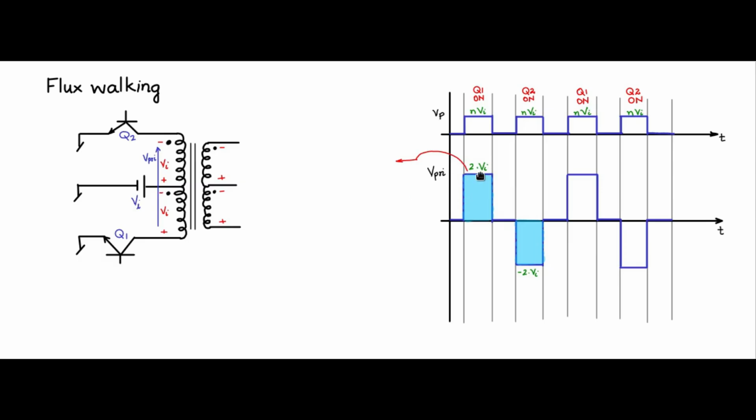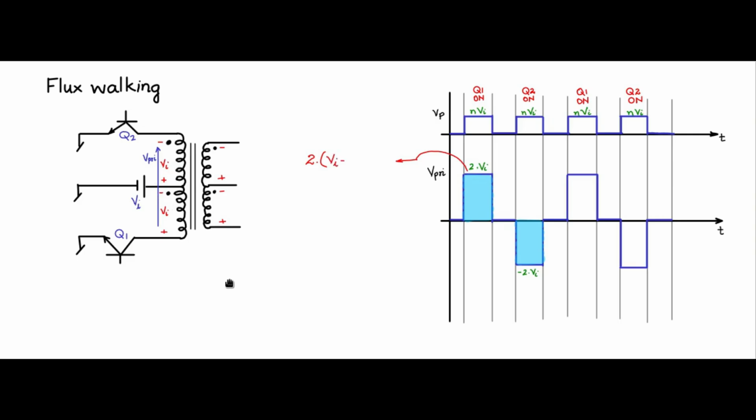Now in a practical situation, look at this voltage, the time during which Q1 is on. When Q1 is on, in an ideal case, the ground is connected to this point, which means that VCE sat is equal to 0. But in a practical case, VCE sat is not 0, so Vi minus VCE sat 1 will appear across this, and that is what will be induced with proper scaling.